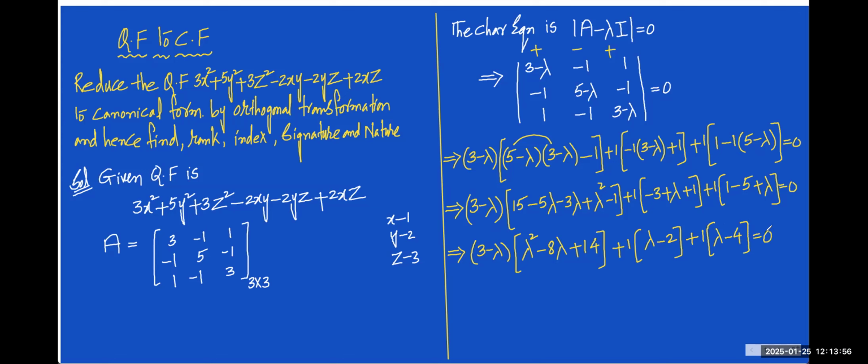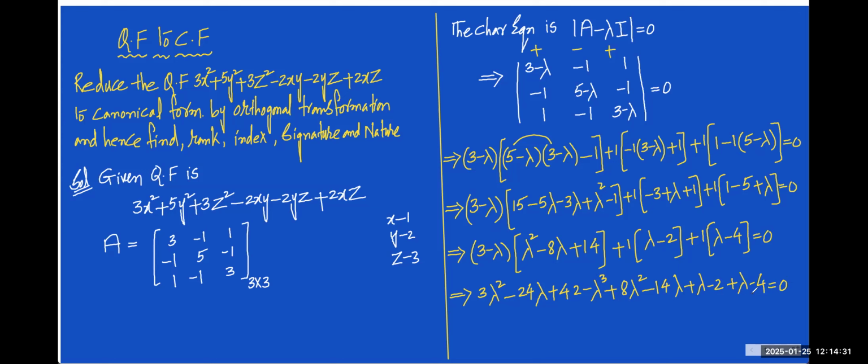Is equal to 0. This implies that 3 multiplying with each and every element, that is 3 lambda square minus 8 3 is 24 lambda, 14 3 is 42, minus lambda cube, minus into minus plus lambda 8 lambda square minus 14 lambda, plus lambda, what is a lambda, minus 2 plus lambda minus 4 is equal to 0.